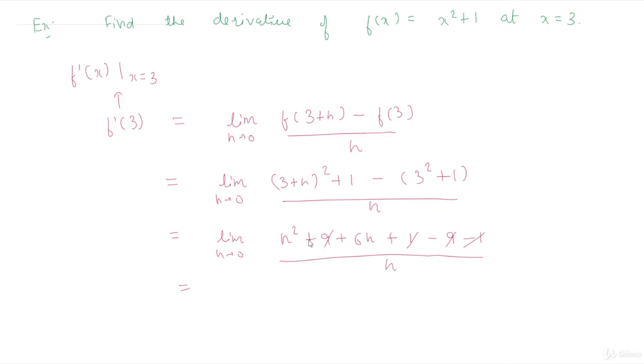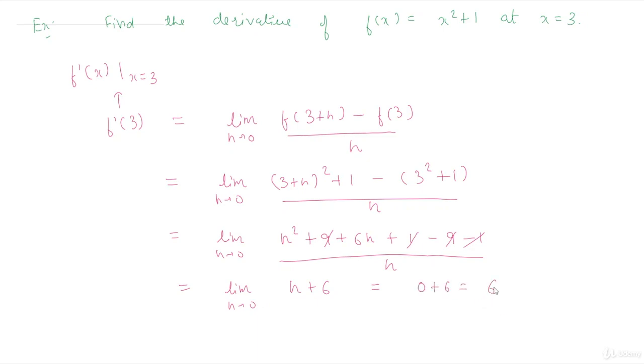So we will take out h as a factor here, and since h is not equal to 0, it is only approaching 0, we can cancel one h from both the numerator and the denominator. The remaining is the limit h approaches 0 of h plus 6. And since h is approaching 0, we can plug in h as 0 here, and the answer will be 0 plus 6. So this will be 6.